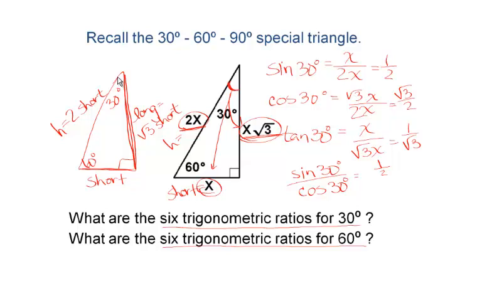So it was 1/2 over root 3 over 2. Algebraically, that cleans up to, not surprisingly, the same value. It better be the same value. So there are our 3 basic trig functions.